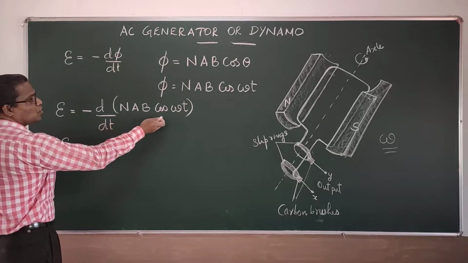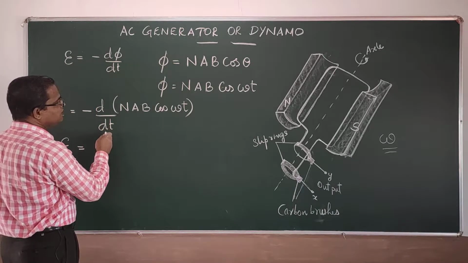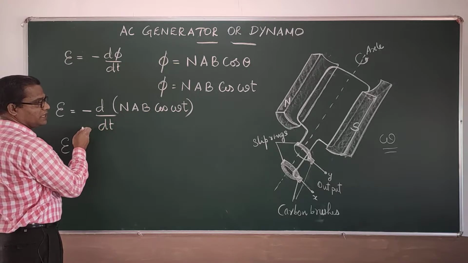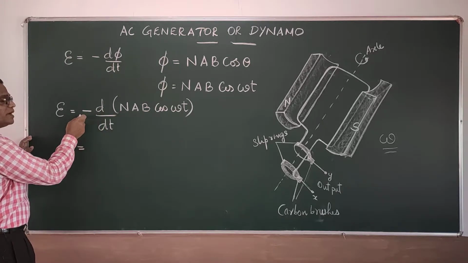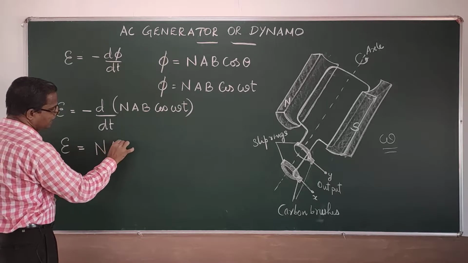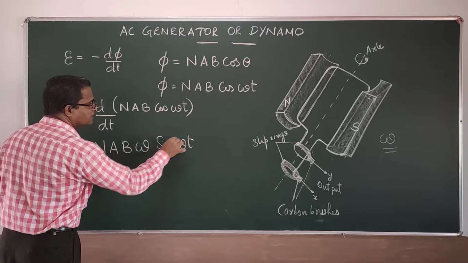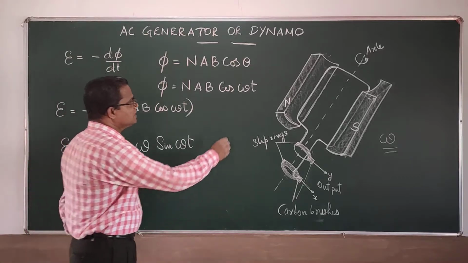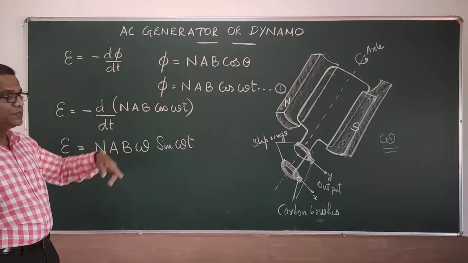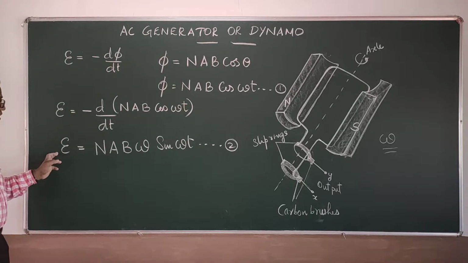Then cos omega t is the variable with respect to time. So d by dt of cos omega t gives minus sin omega t. That means minus of minus is plus, and I get the equation as NAB omega sin omega t. So this is the instantaneous flux equation, and this is the instantaneous induced EMF equation.